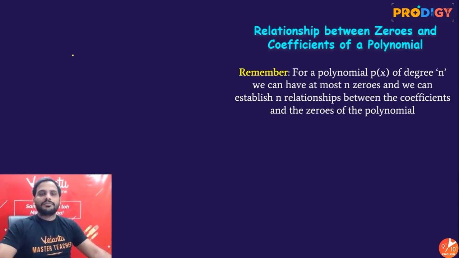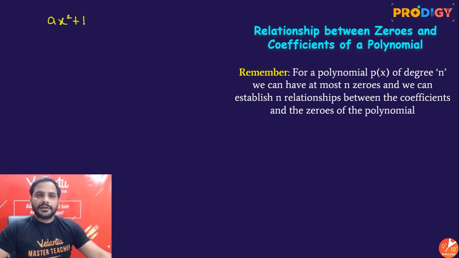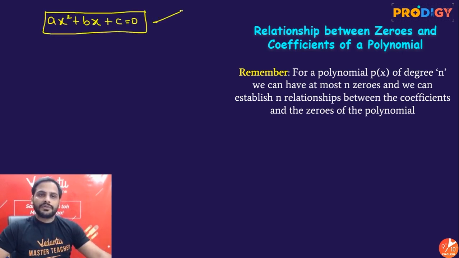So here the most important thing I have told you, that if I have a polynomial ax square plus bx plus c equal to 0, and it has suppose two zeros, the zeros are alpha and beta. So another form of this quadratic equation in the form of its zeros will be x square minus (alpha plus beta) into x plus alpha beta equal to 0.